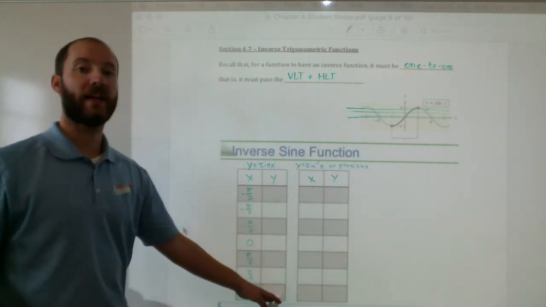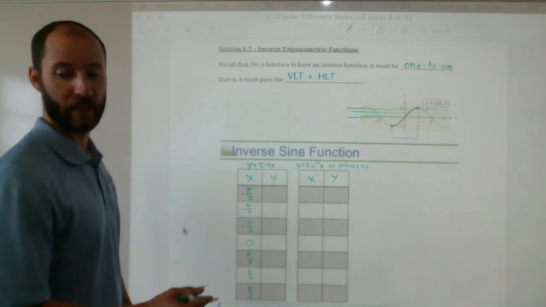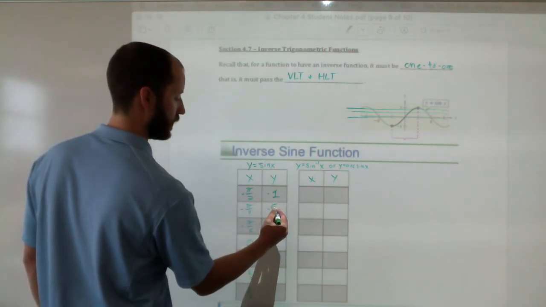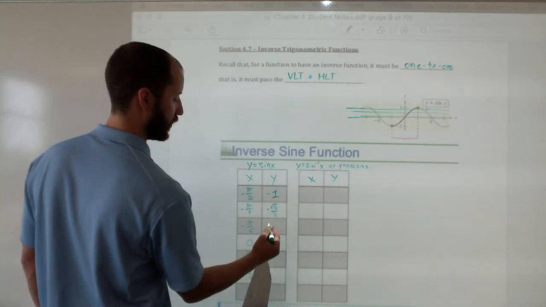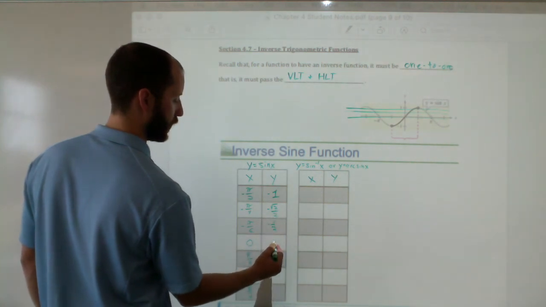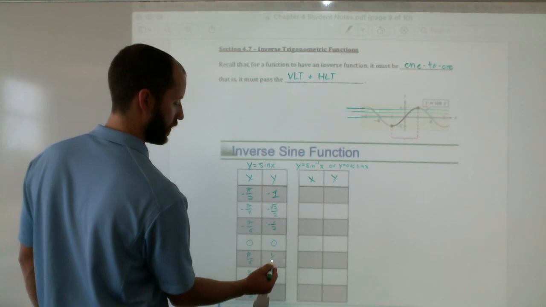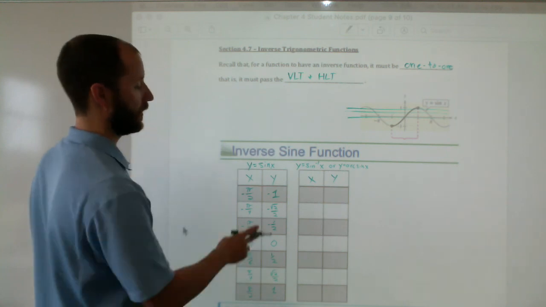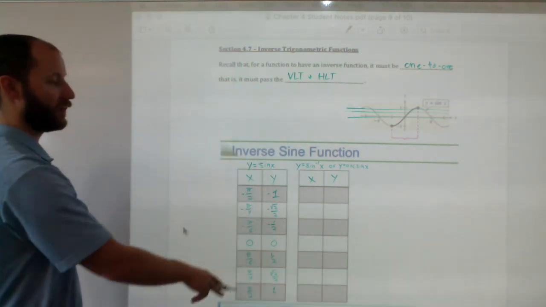Then the corresponding y values come from the unit circle: negative 1, negative root 2 over 2, negative 1 half, 0, 1 half, root 2 over 2, and 1. So that would be your sine function values.